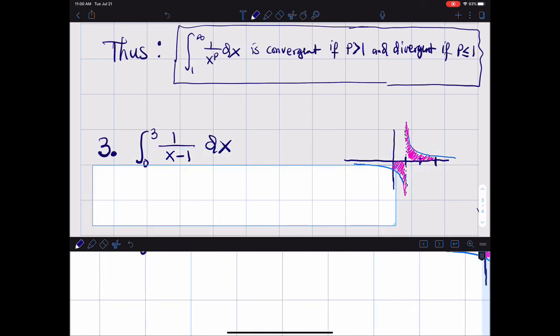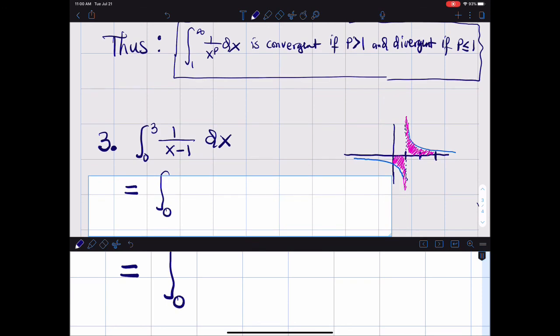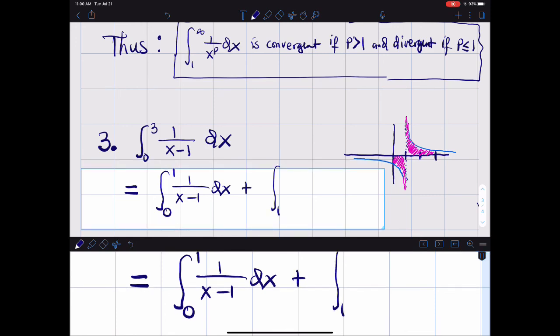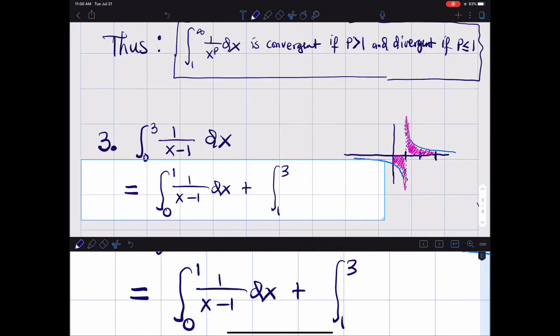All right. Since this function is discontinuous at 1, my hint is for you to break it up: go from 0 to 1 of 1 over x minus 1 dx, plus 1 to 3 of 1 over x minus 1 dx.